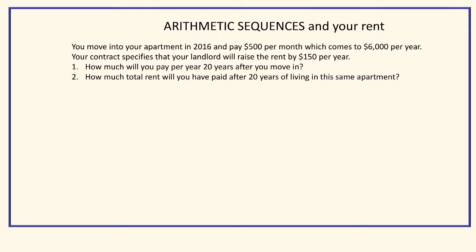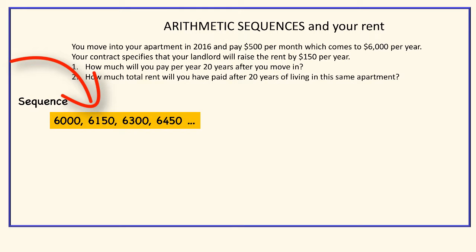We're going to solve these problems using, as you might have guessed, arithmetic sequences. So first, let's create a sequence that represents this problem. Our sequence begins, all sequences have some beginning, usually. We're going to begin in 2016 when we're paying $6,000 per year for that apartment.